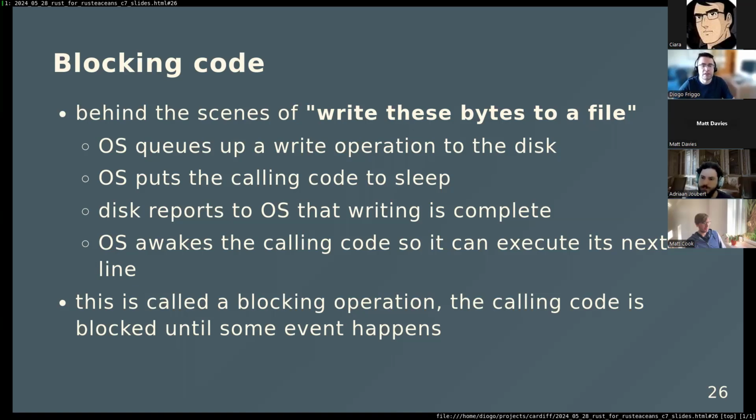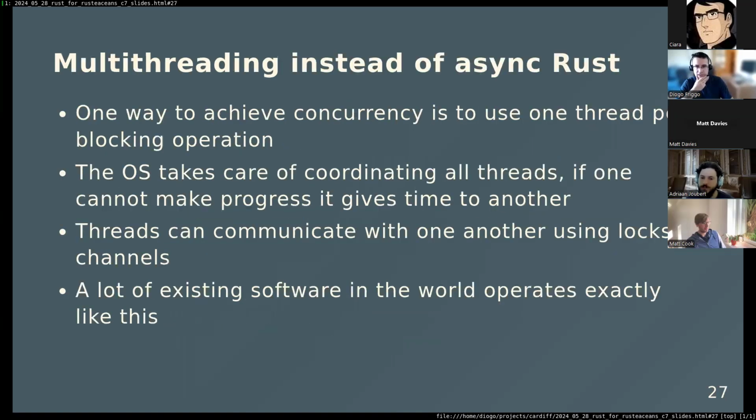And as we mentioned a little earlier, we usually want to avoid that. But it's worth mentioning also that a lot of software in the industry, certainly the majority of the software, operates exactly like I described earlier, in a blocking manner, or by using multi-threading, which is another way to achieve concurrency.